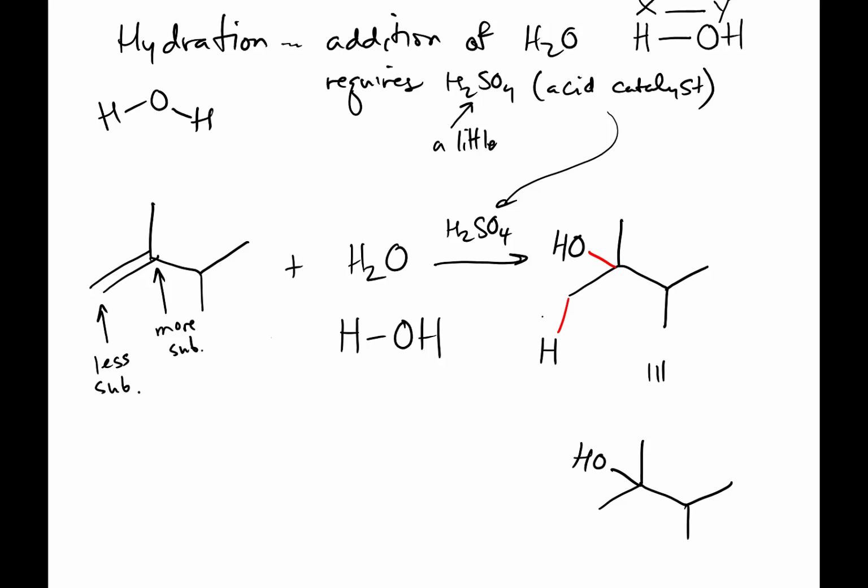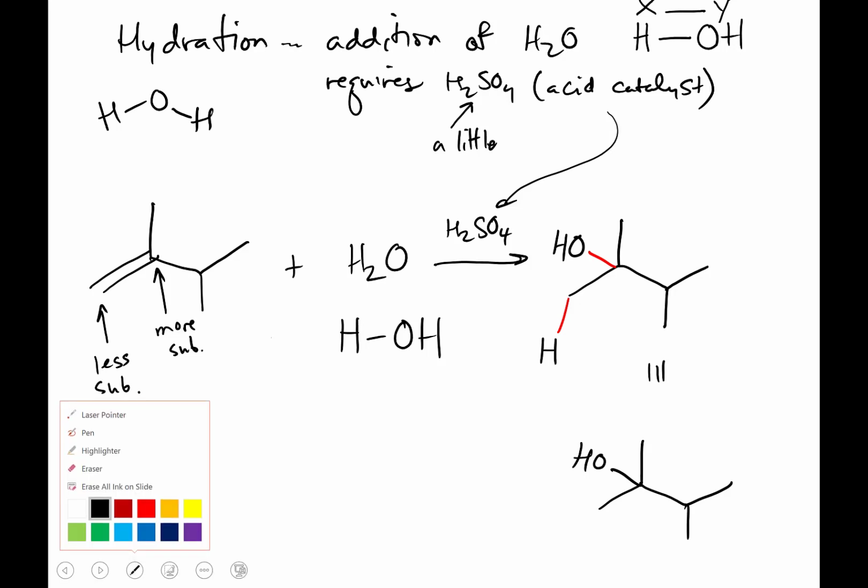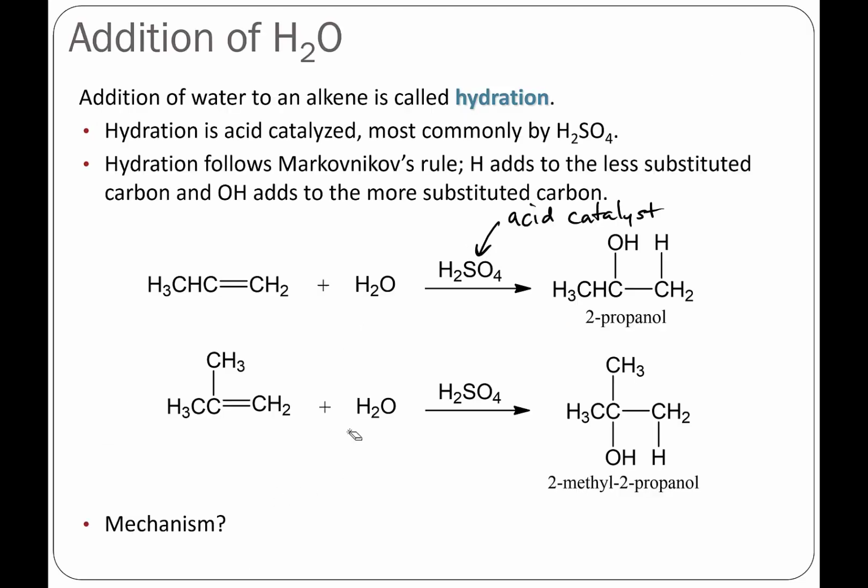Okay. Now, I said we would go back and look at those other ones. We can do that as well. Just quickly, we need to continue to move on. But if you look at substitution patterns here, right? Less substituted carbon, more substituted carbon. So if you come over here, notice the H ends up here. There it is right there.